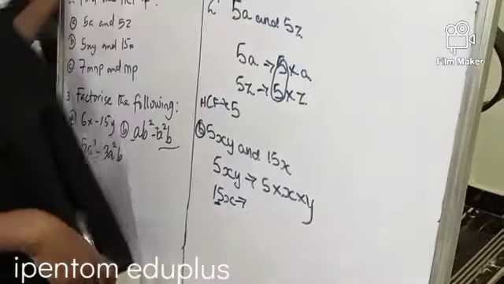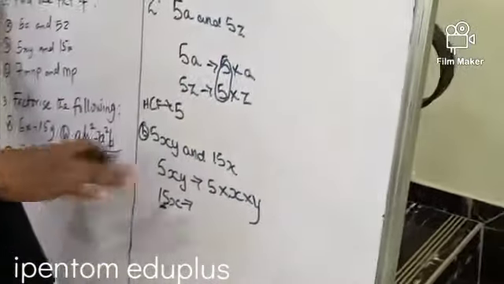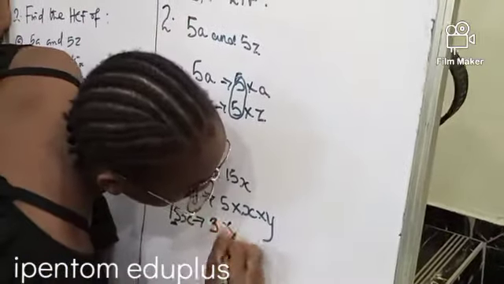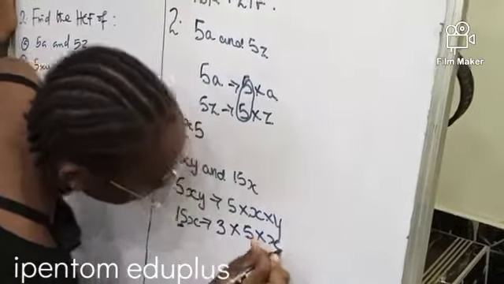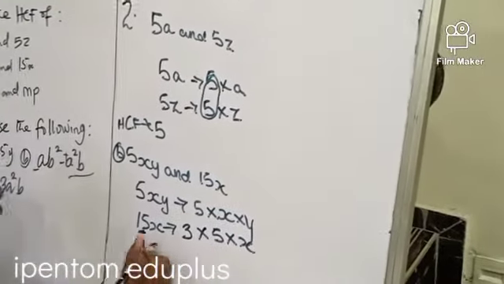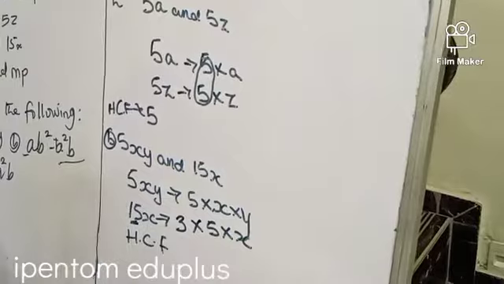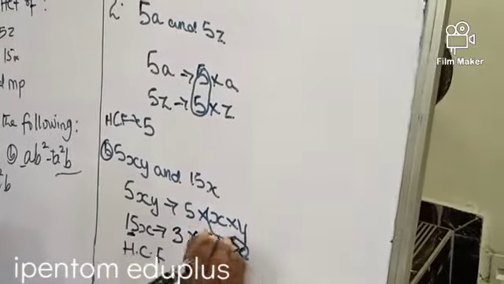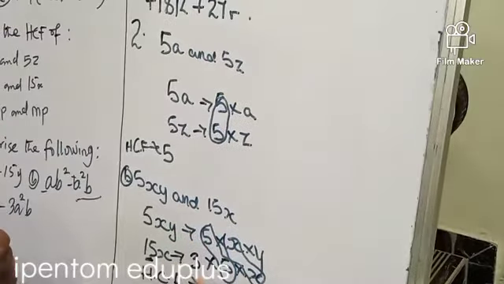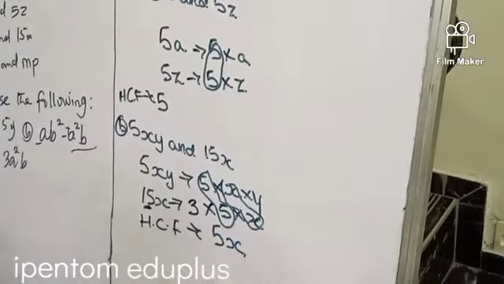That's 5 times 3, because 5 times 3 is equal to 15. So it's 3 times 5 times x. So once you look for the HCF, we can see x and 5. So the HCF is equal to 5x.